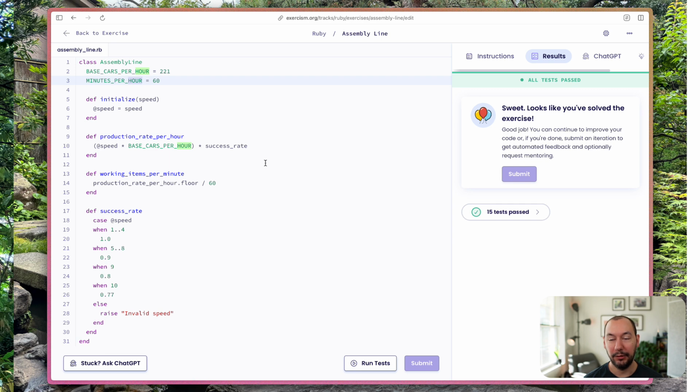So minutes per hour. If we were going to work with this and try to carve our hour up into 15-minute segments, we could just do minutes per hour times 4, right?